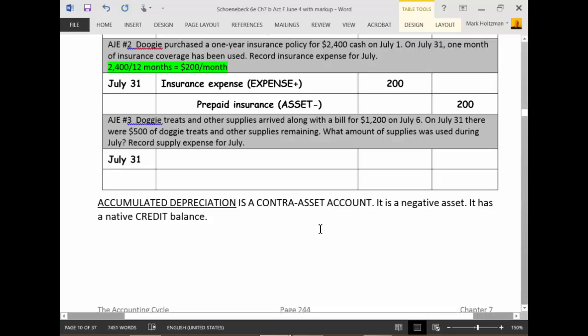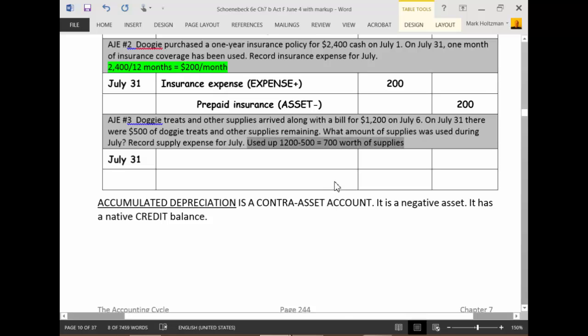So how much supplies did I use up? I had 1,200. I only have 500 left. You used up 1,200 minus 500 equals 700 worth of supplies.